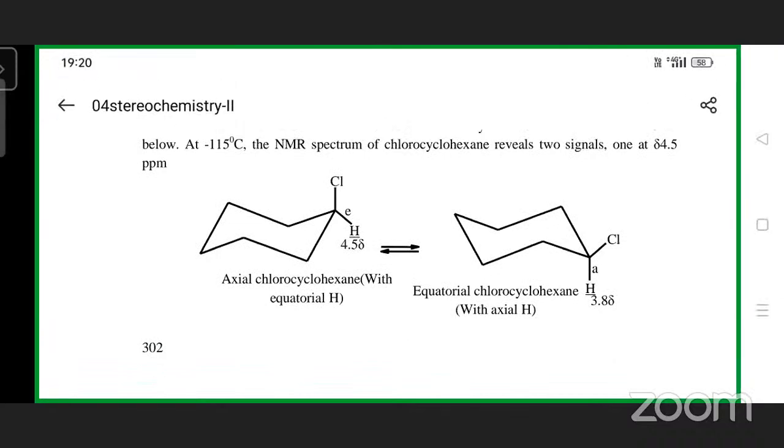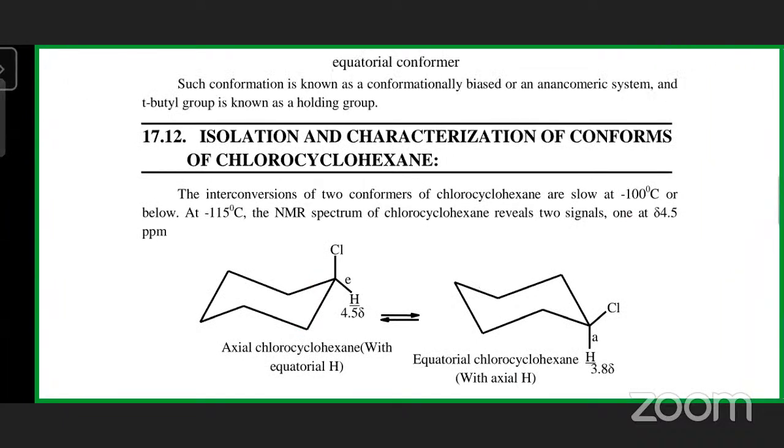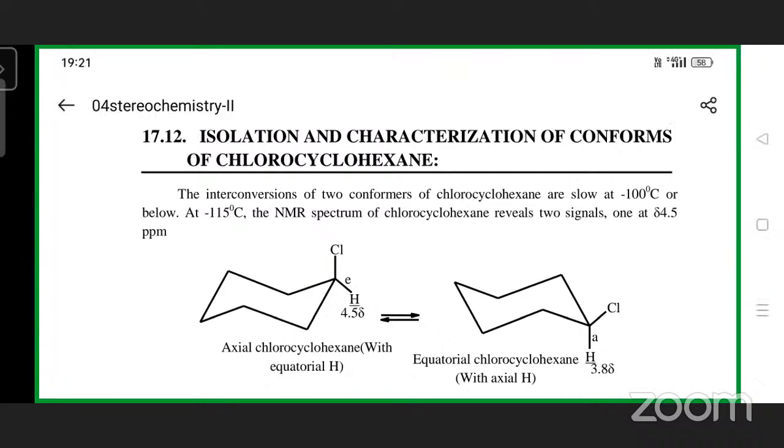And here you see the isomers. By this particular conformation analysis, you can differentiate a variety of isomers. You see here, for example, chlorocyclohexane.